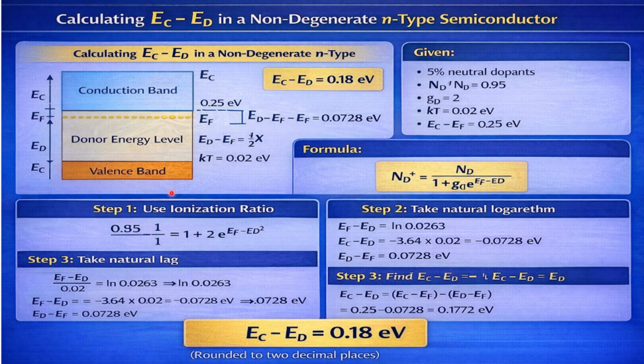And the question is EF minus ED. So let's see how to solve it. If we use the previous equation, Nd+ = Nd / (1 + gd exp((EF - ED)/kT)), and put in all those values, you will get EC minus ED equal to 0.18 electron volt, right?